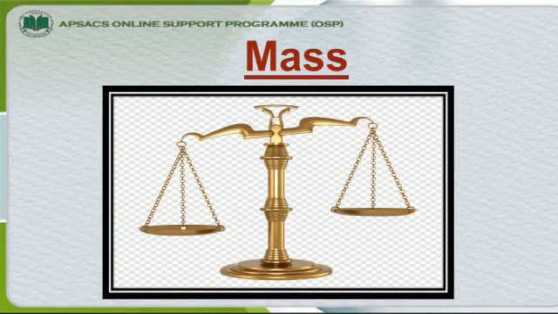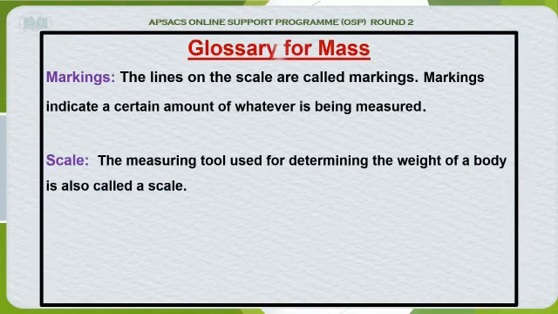So let's move towards the topic, that is mass. Now students, the glossary for mass: the first word is markings. Markings means the lines on the scale are called markings. Markings indicate a certain amount of whatever is being measured.